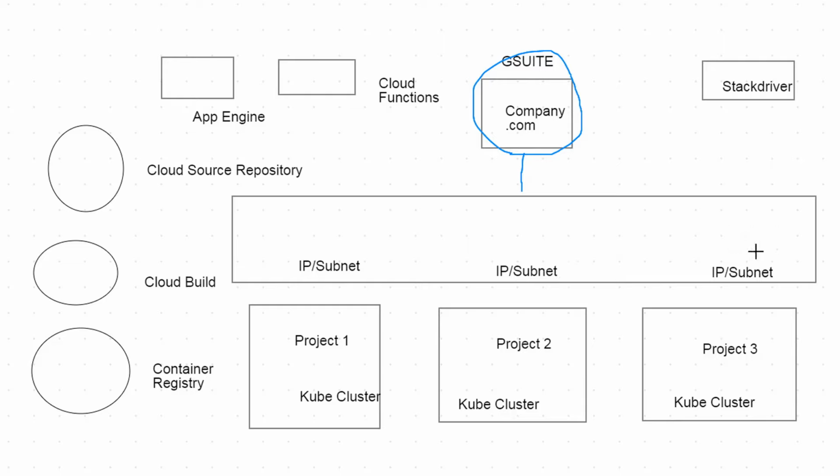And when we consider doing this, we of course have a lot of options from an IAM perspective. But we want to think of a few things as well. What if we're going to use Kubernetes Engine and we want to cluster our services between 2 or more projects? In this case, 3 projects.